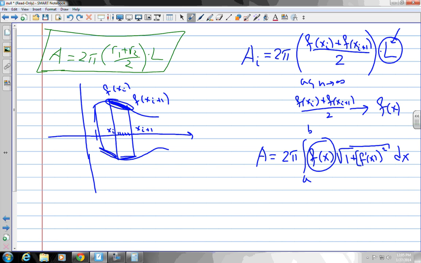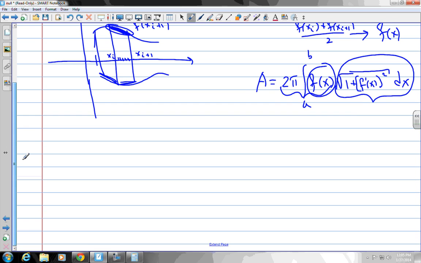The heights are the same, so the cylinder is the circumference times the height. And this is the height, and this is the circumference. Okay? But there's a nice thing about this formula. If we just focus on this part, square root of 1 plus f prime of x squared dx, this is the differential of the arc length.